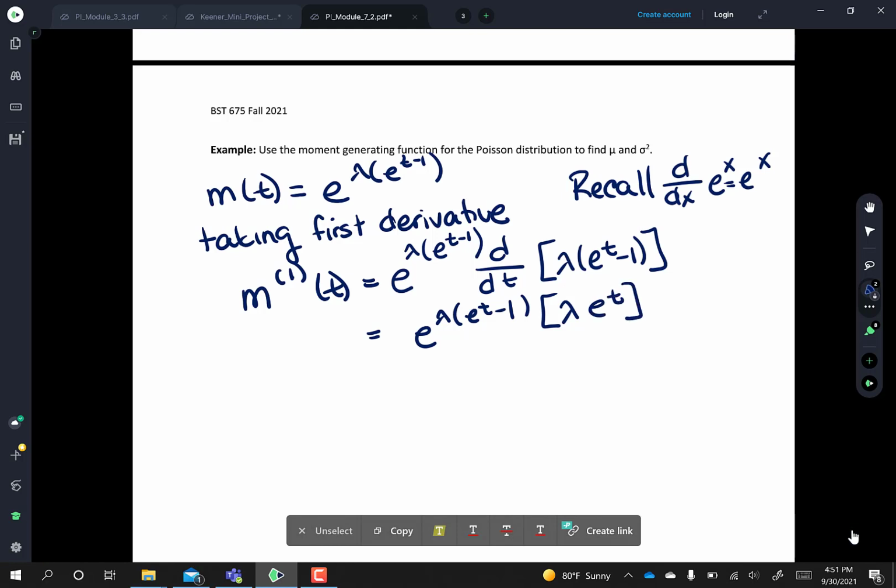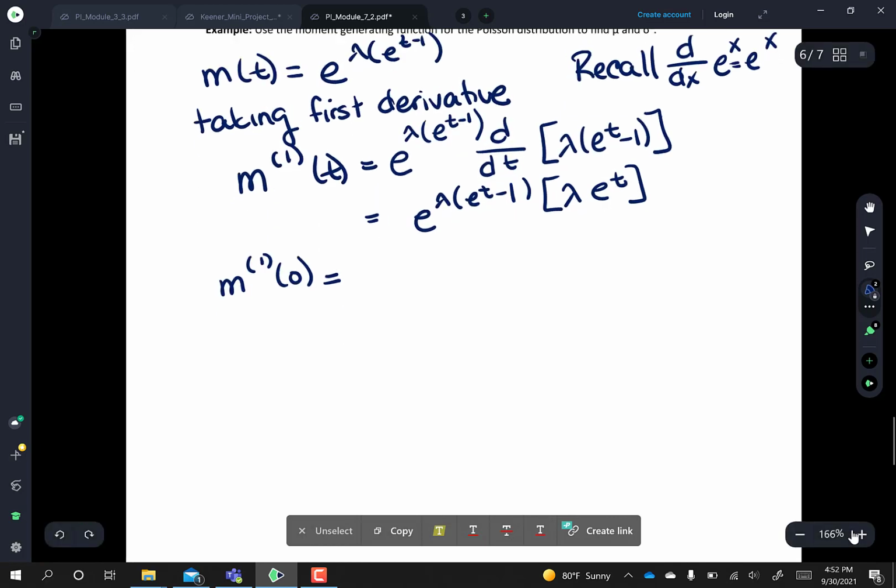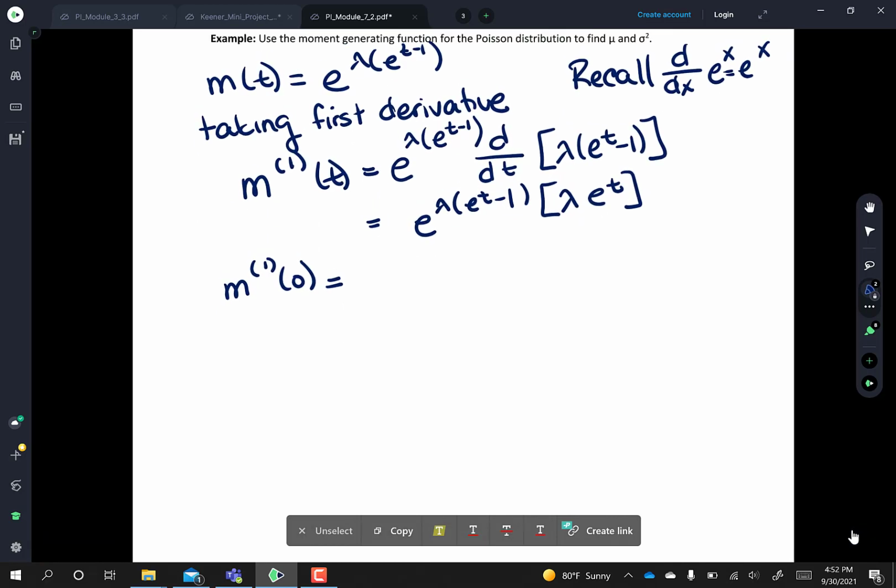Okay. So now we're going to substitute in 0 for t. Remember, we do this because that's how we're going to find what mu is equal to.